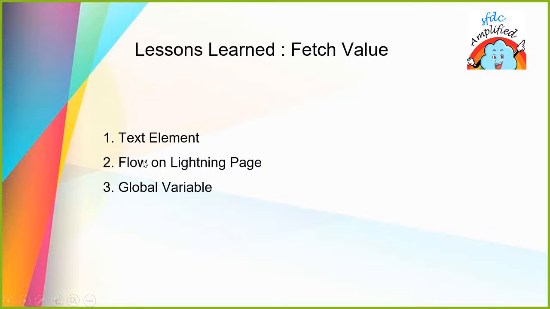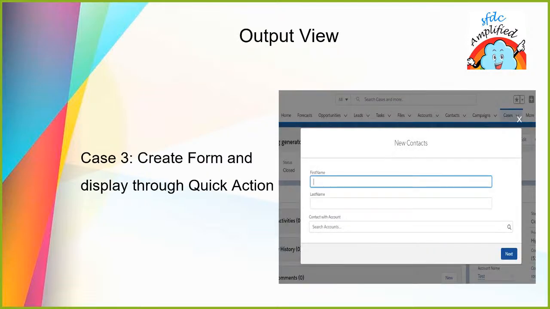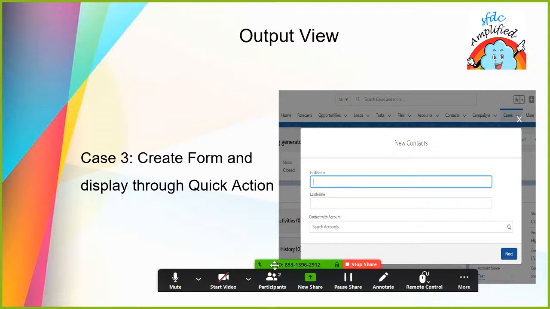Here we learned about the text element, how we can add it, about the flow Lightning page, and also we showed the global variable. Basically it's system generated. So we had the user dot first name. That's what we did. So from here I'm giving it to Gyan. Please Gyan, take it further. I'm stopping the share.